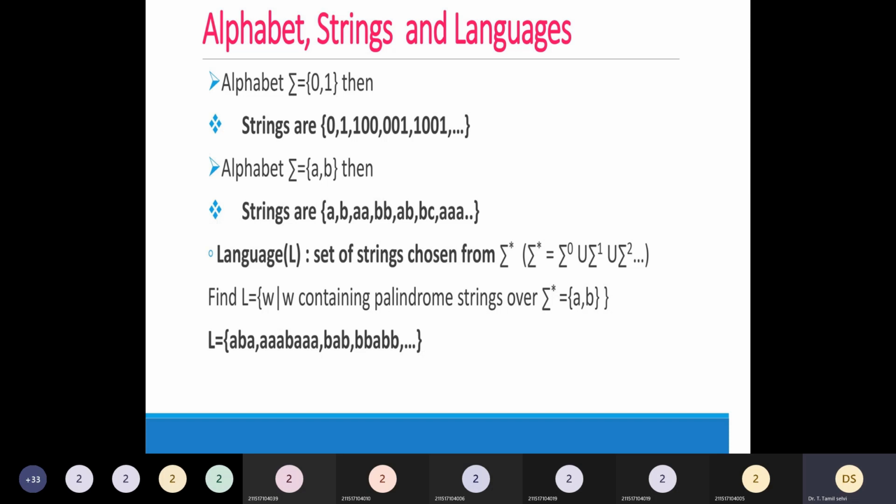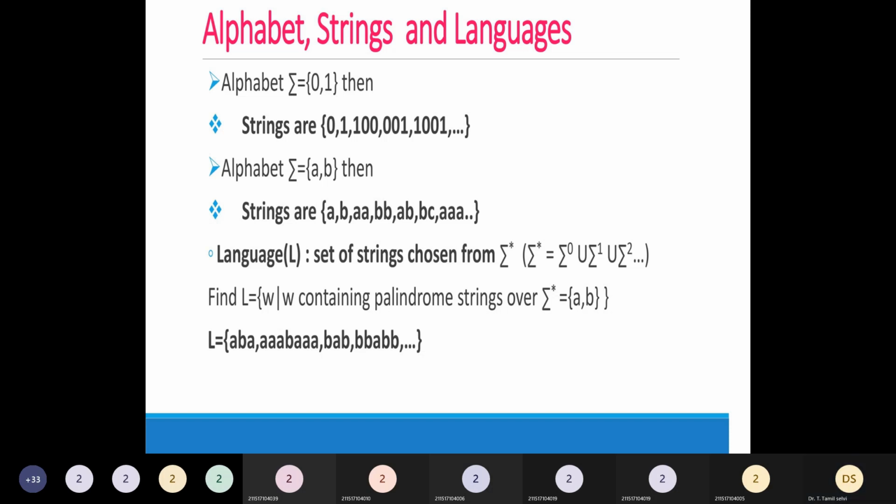It is represented by capital L. This is an example for language: L equal to {w}, where w is a palindrome string over the alphabet a, b, so the language consists of aba. Palindrome means in reverse order we also get the same string: aba, and then aba, comma, bab, etc.